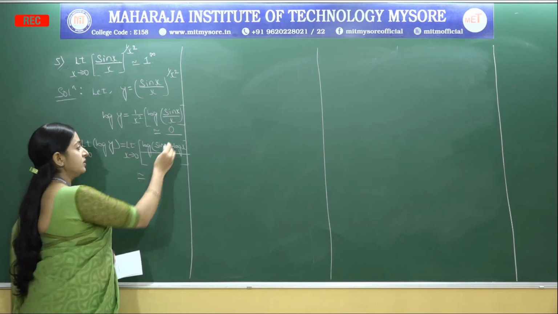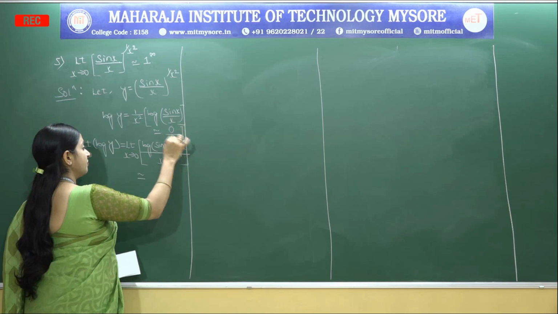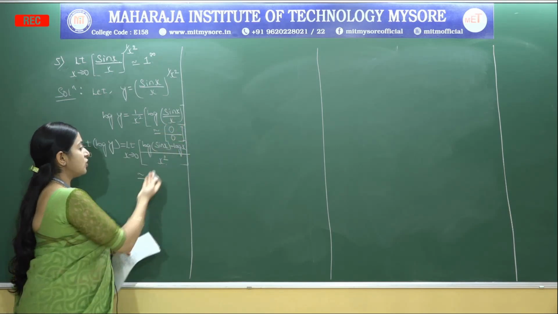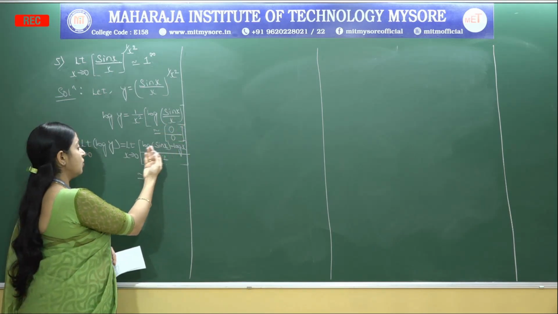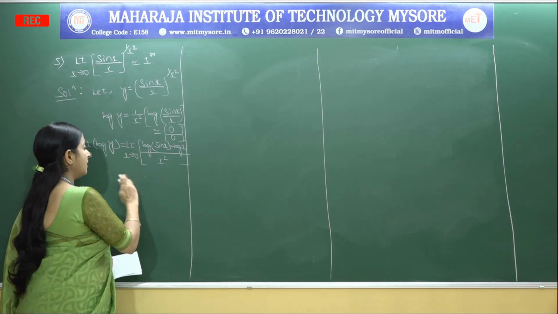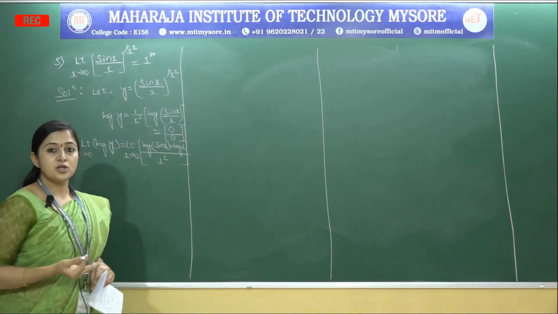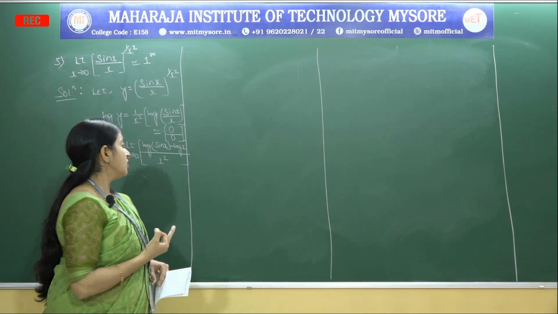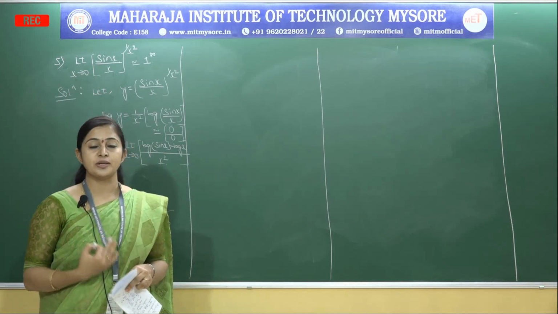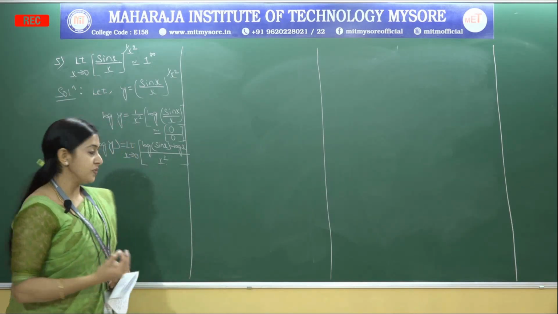In the denominator you have x square, which is also 0. Or you can simply apply the limit to sin 0 and log 0, but better to apply it to the previous term. So you will get the indeterminate form 0 by 0. Then you can apply the L'Hospital rule.